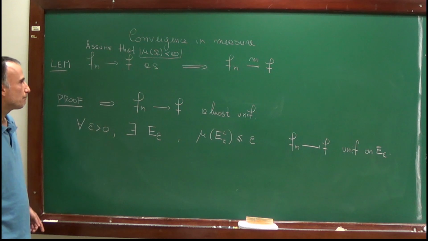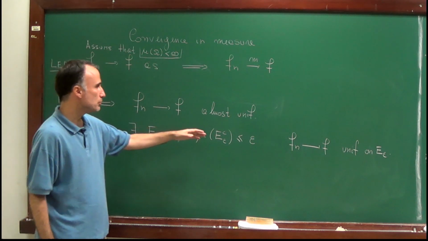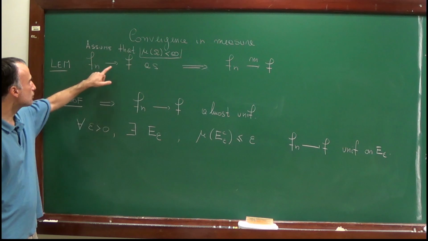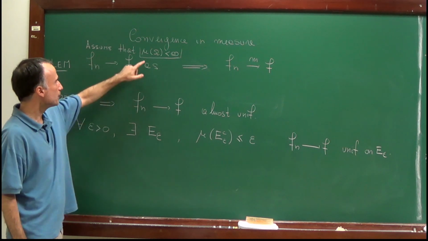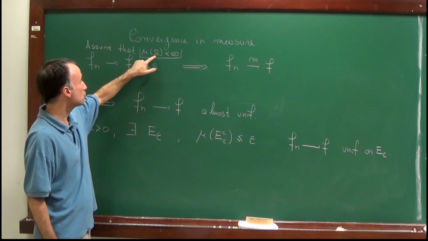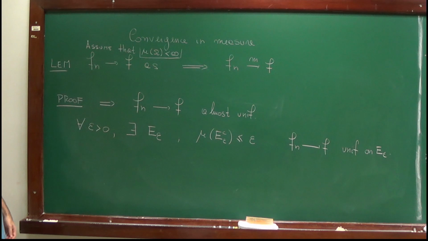This is the definition of almost uniform convergence, and we have seen in the previous lecture that if we have a sequence converging to f almost surely on a space whose measure is finite, then we have almost uniform convergence.